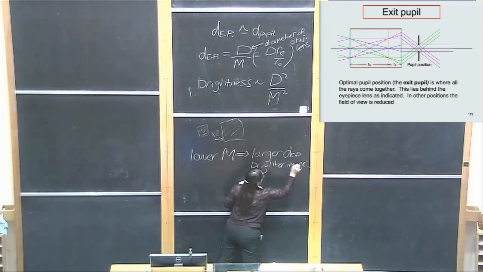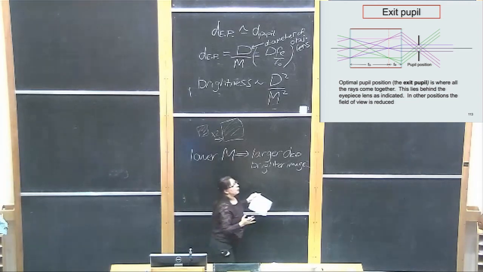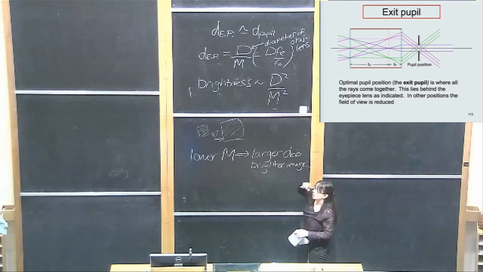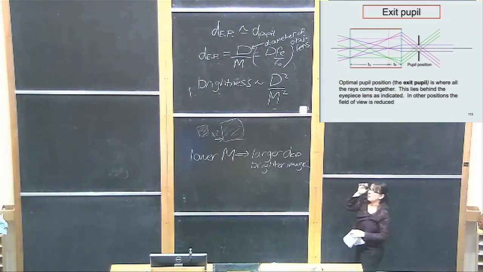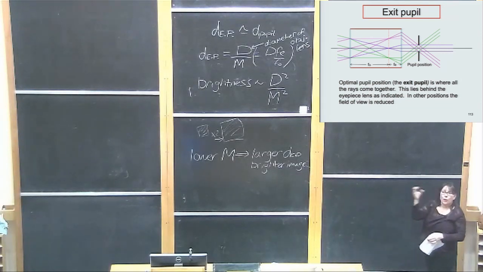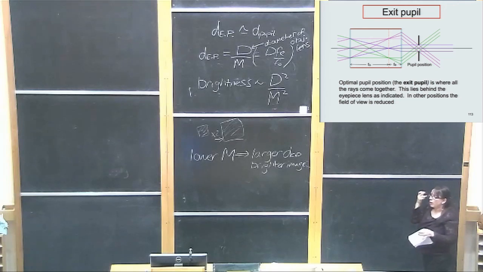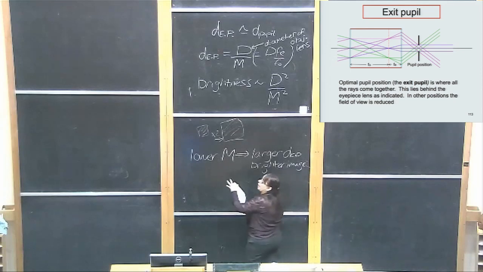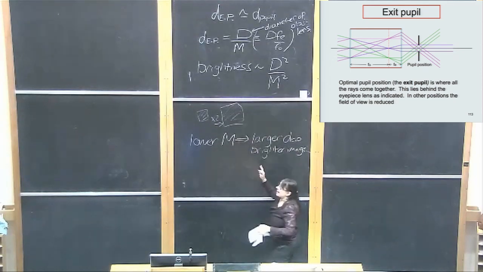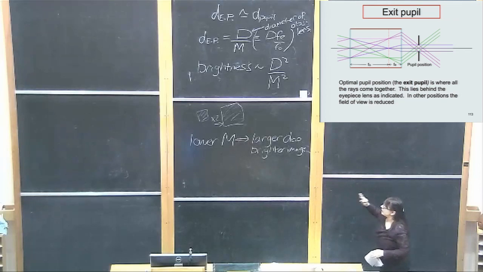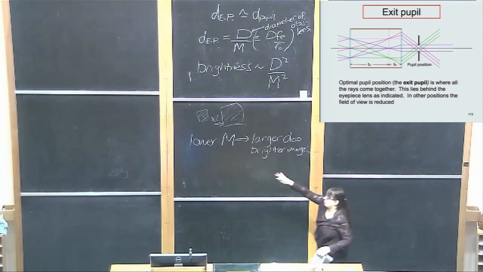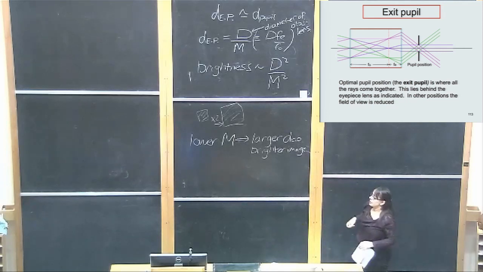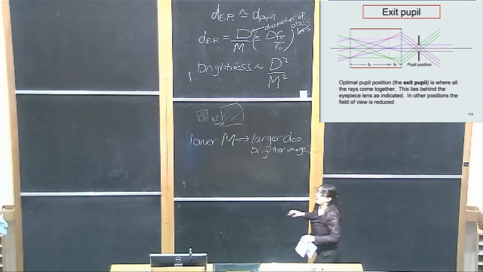But that's only useful so far, because if you make the exit pupil larger and larger, at some point it's going to become larger than the pupil of your eye. Then your eye pupil is not going to get any more light rays anyway, and so the image isn't going to become any brighter. So that's a kind of limit on what you want to do. There's some useful minimum magnification worth worrying about. Other than that, you don't get any gain because the light rays aren't entering your eye anyway.